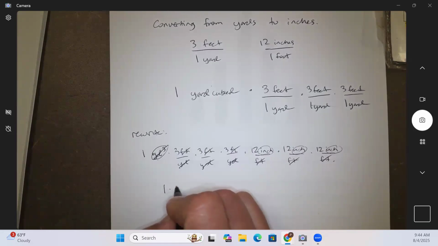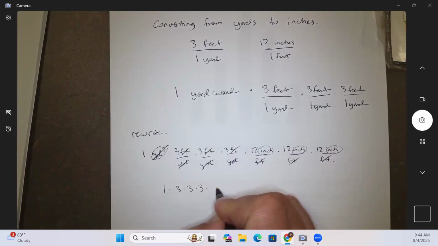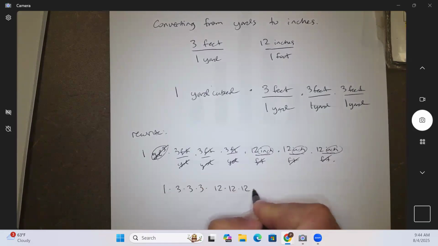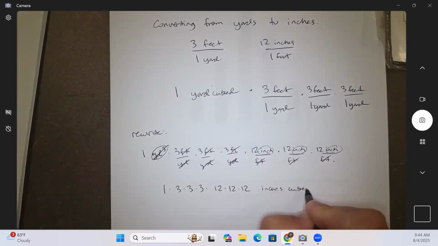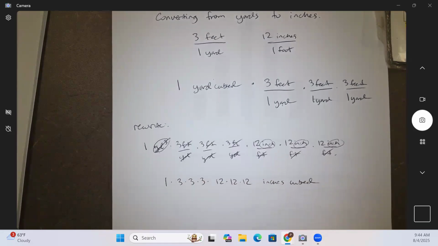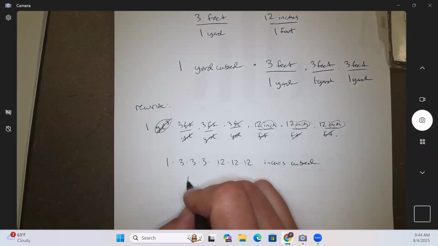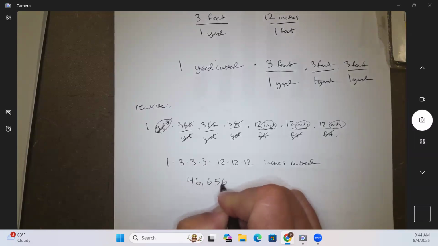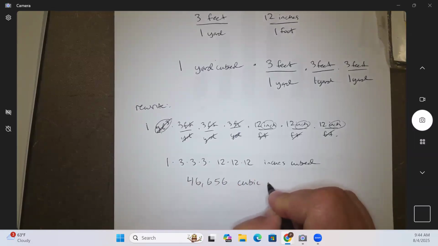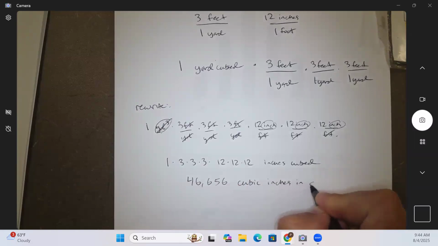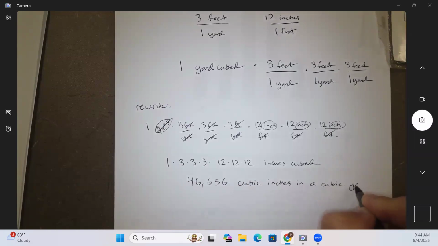So I end up getting 1 times 3 times 3 times 3 times 12 times 12 times 12 inches cubed. That's 46,656 cubic inches in a cubic yard.